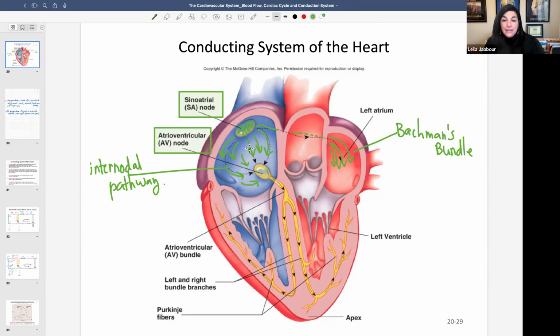As the signal propagates from the SA node into the right and then the left atrium, it creates the depolarization of the cells, and the cells are going to contract. This is atrial contraction, or atrial systole, as it propagates around the atrium. The atrial chambers are going to contract.